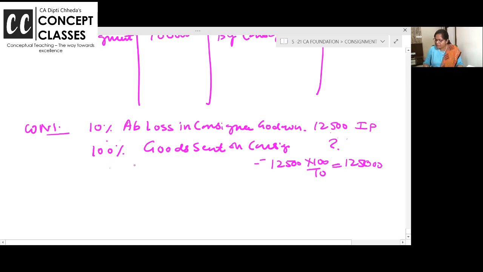So 100% goods which I have sent, how much will it be? See, dear students, I have sent and you have received. On the way there is no loss, no abnormal loss, nothing. I have sent and you have received. So 12,500. One second.